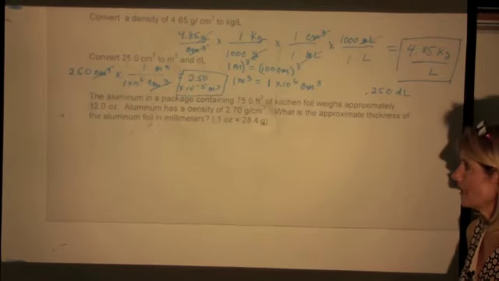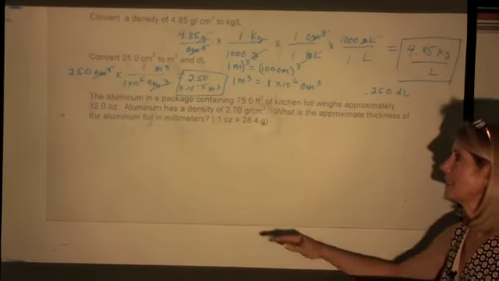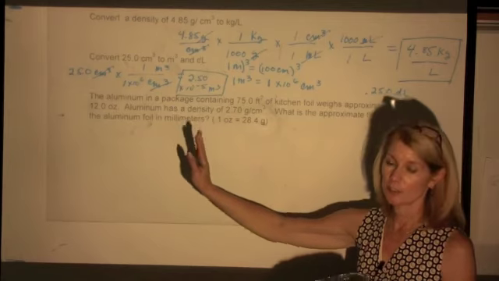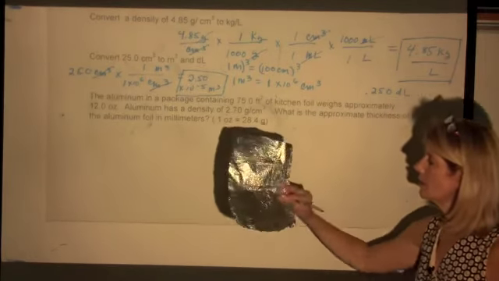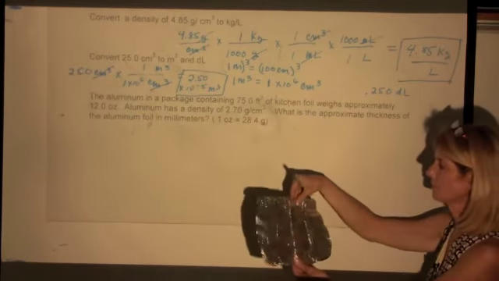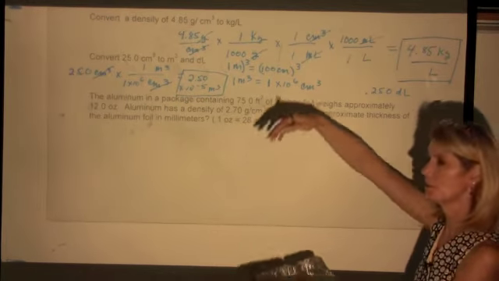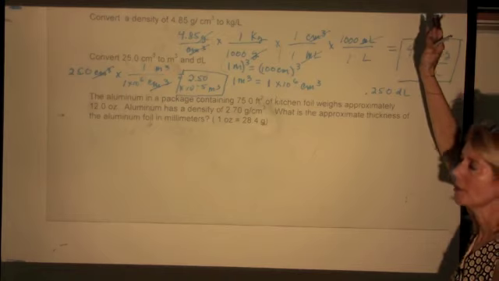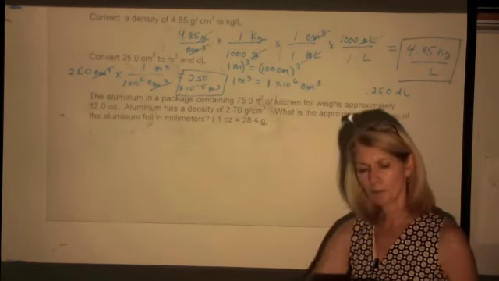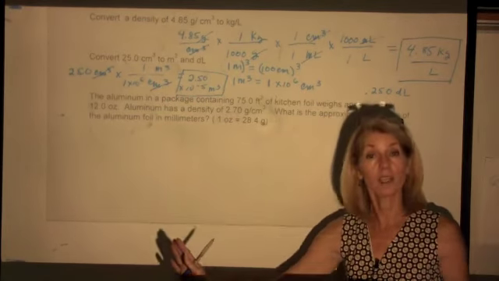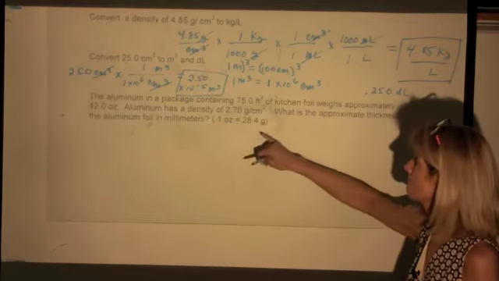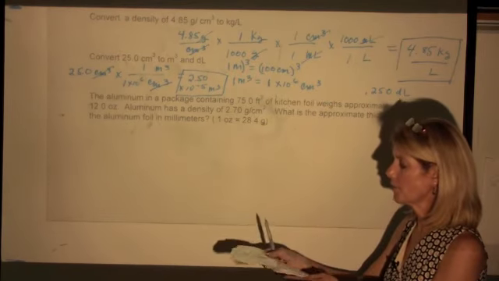And they want us to find the thickness in millimeters. So here's my piece of aluminum foil. Basically looks like a rectangle. If you take an entire sheet or an entire package of aluminum foil and spread it out, it looks like a rectangle. All right. And they want to know the thickness.